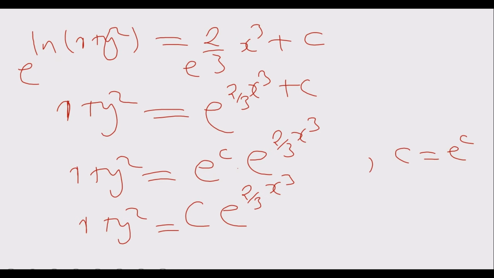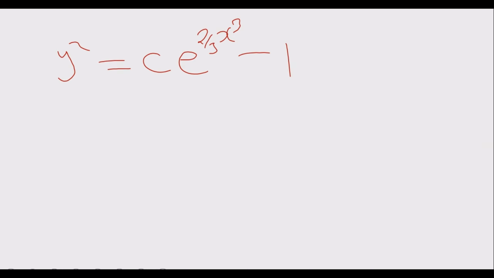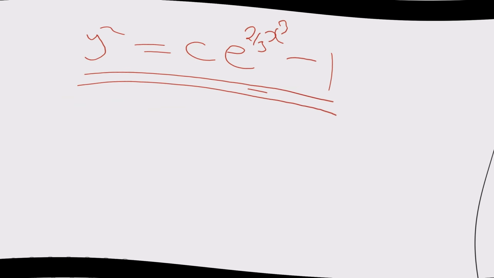We end up with y squared equal to c exponential of 2 over 3 x cubed minus 1, since when 1 crosses the equal sign it becomes negative. So basically this is what we end up with as our final answer.